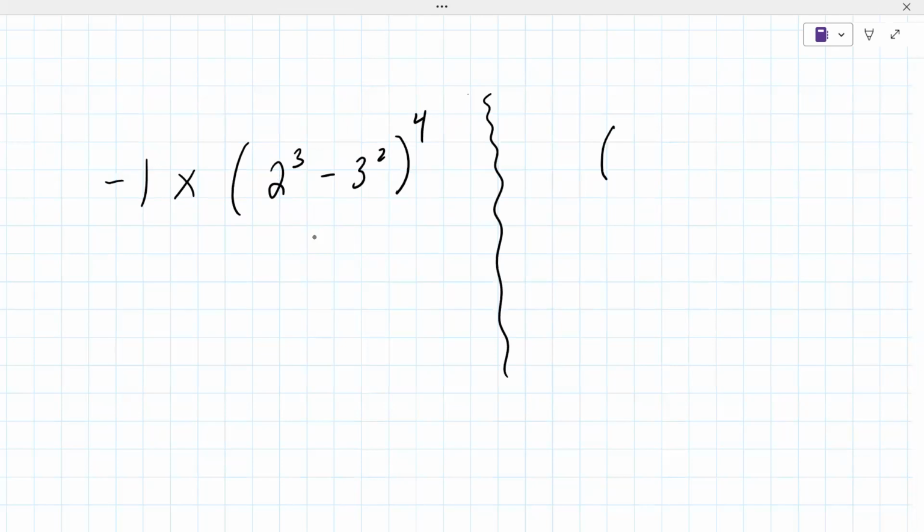In fact, you could even write it off to the side and work on that. 2 times 2 times 2. 3 times 3 equals 9.